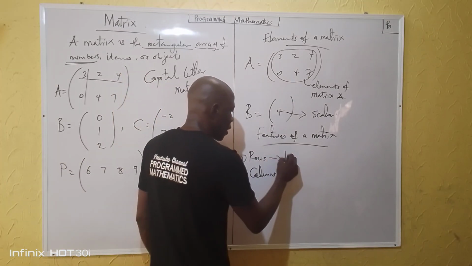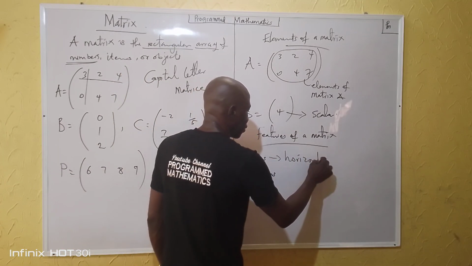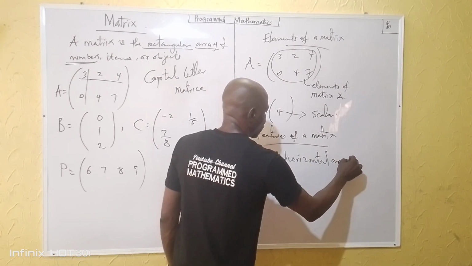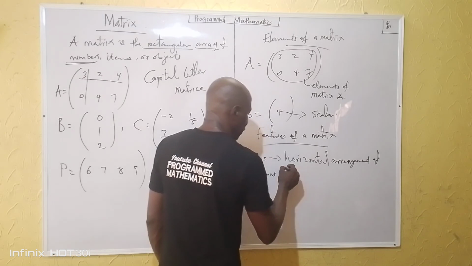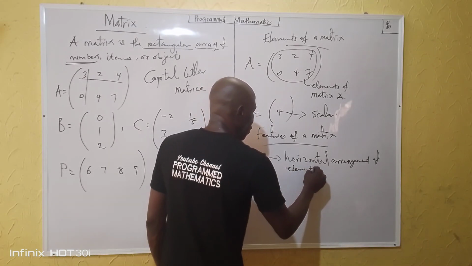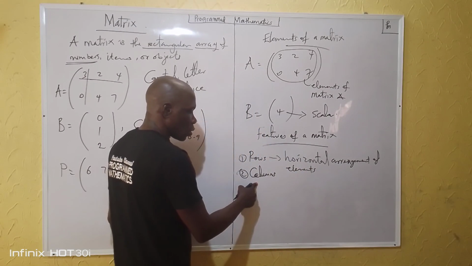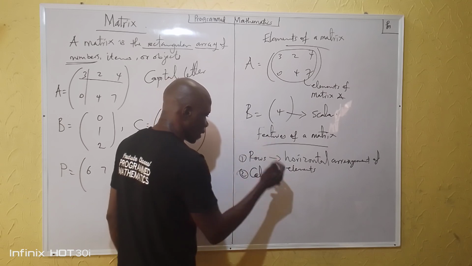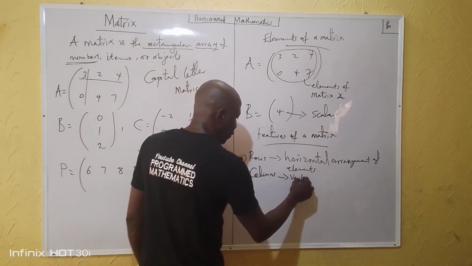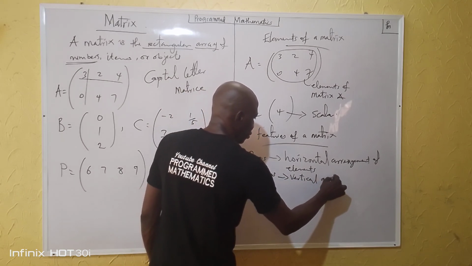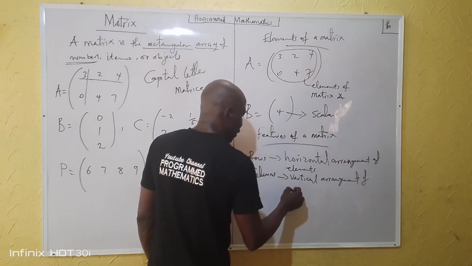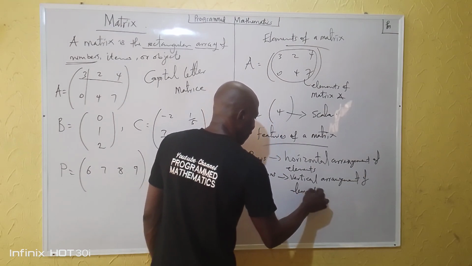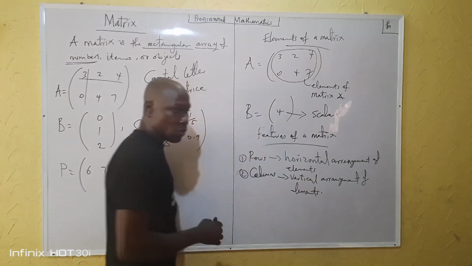While a column is simply the vertical arrangement of elements.